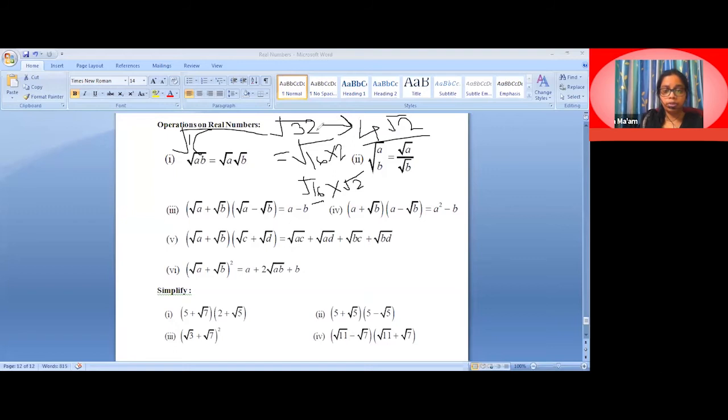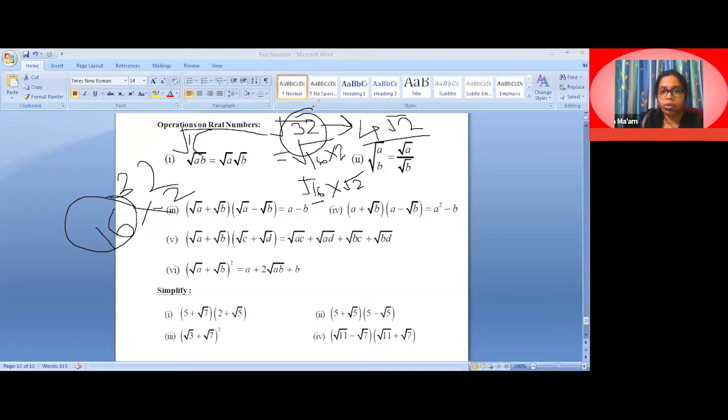You have to first factorize this number, and then look for the perfect square in your factors. So the factors of 32 are 16 into 2, right? That's why I have taken 16 into 2, because I know 16 is a perfect square and it is the square of 4.